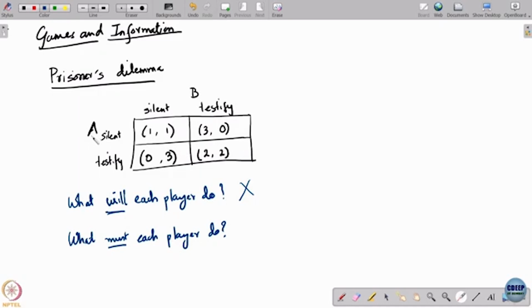So there is no way for players to communicate or discuss what each of them would do, and the absence of a communication medium is an underlying assumption here.